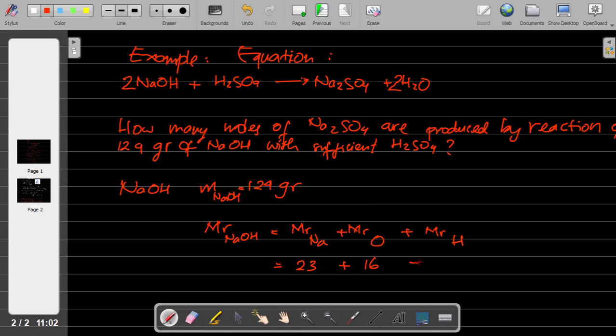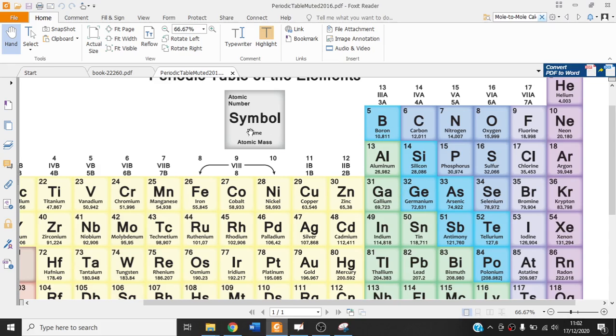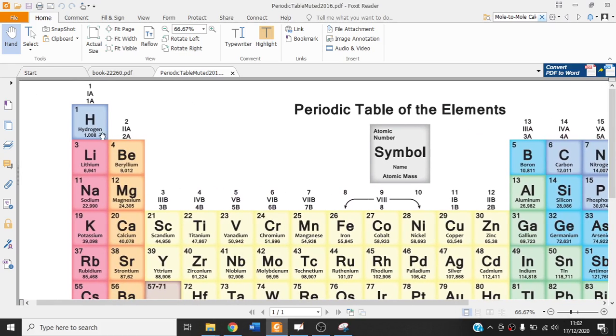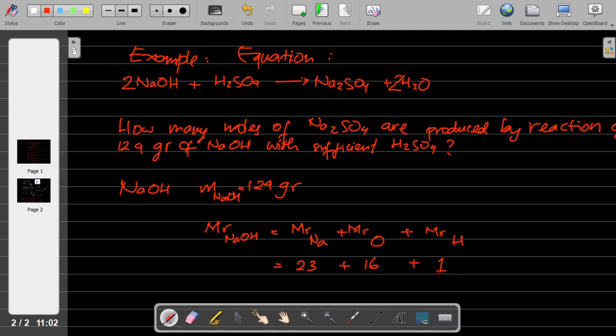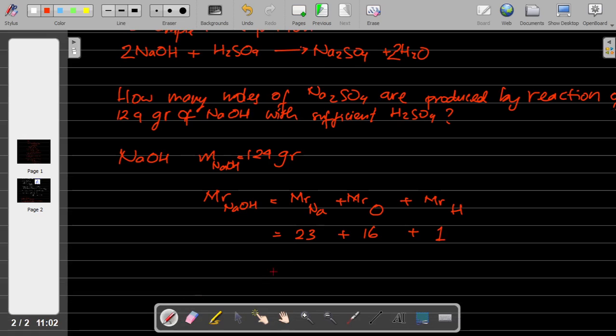And the last one is the molar mass of hydrogen, 1.008, so I will make it 1. So 23 plus 16 plus 1 gives 40. This is the molar mass of NaOH, or sodium hydroxide.